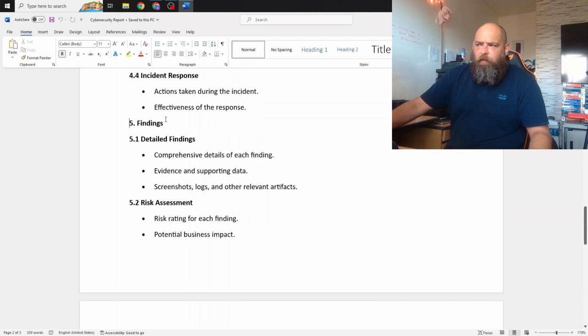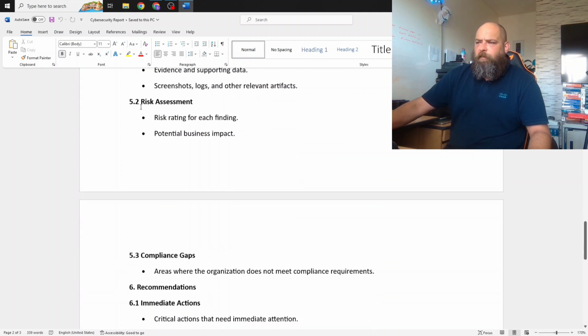Section 5 sees us with findings, so you'd have an introduction to that. 5.1 is detailed findings, such as comprehensive details of each finding, evidence and supporting data. And this is where it would get quite lengthy, because you would have your screenshots, logs, and other relevant artifacts.